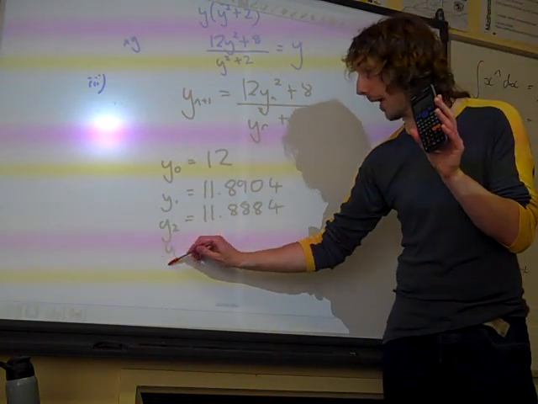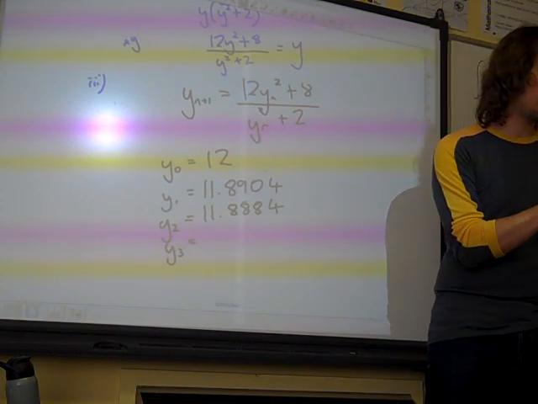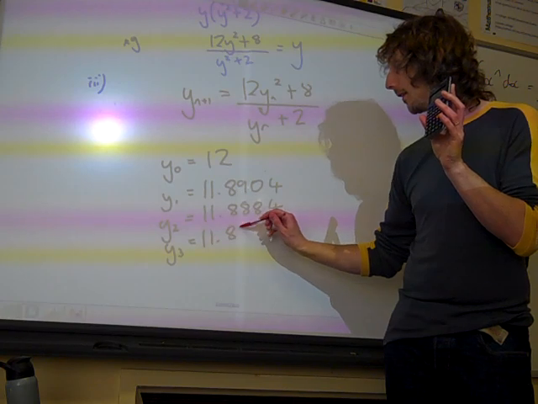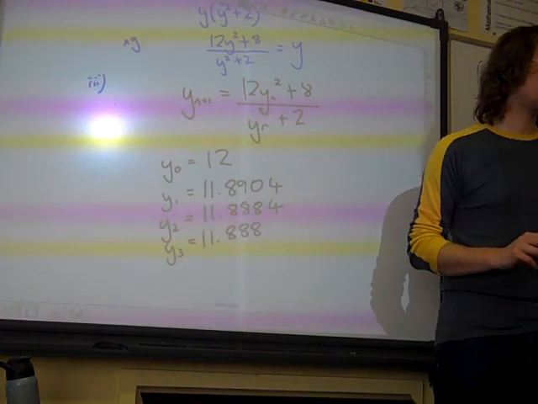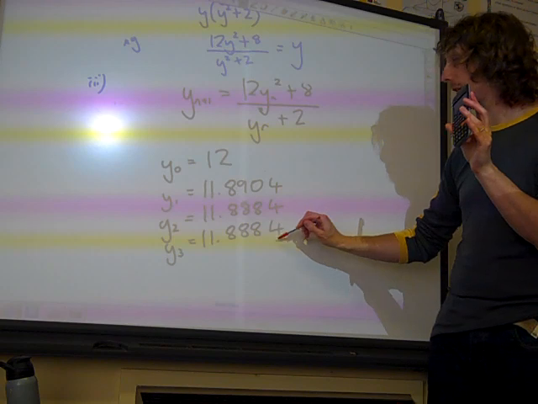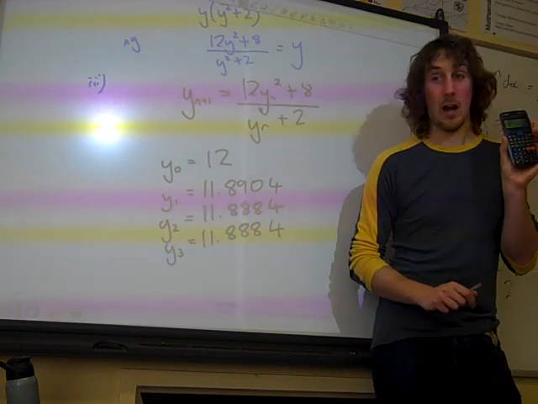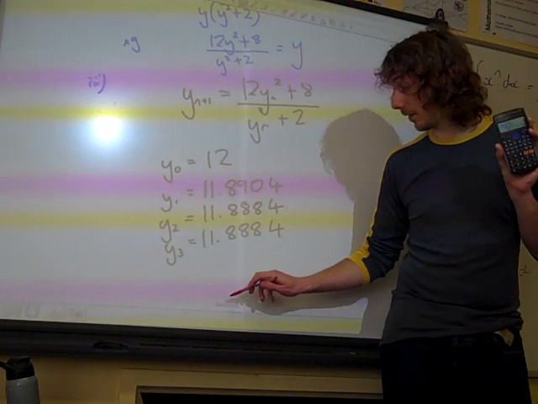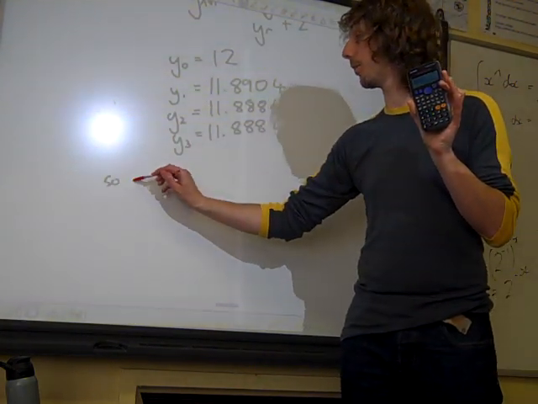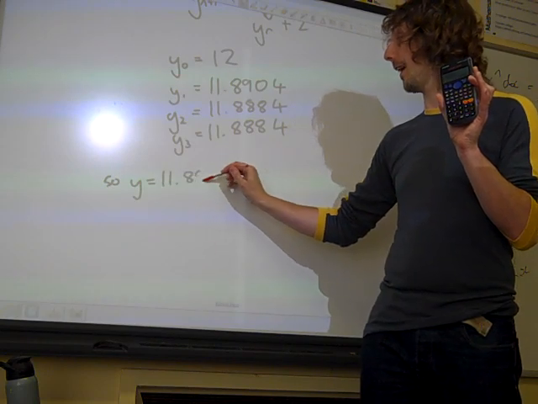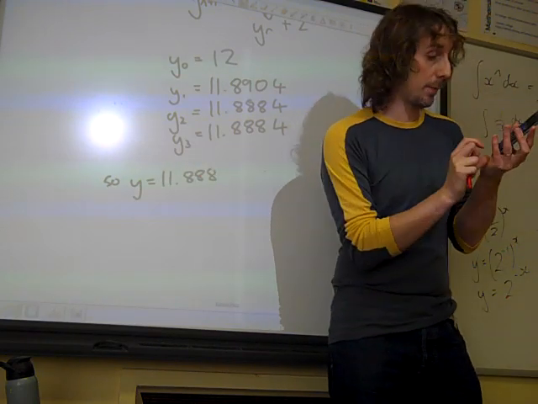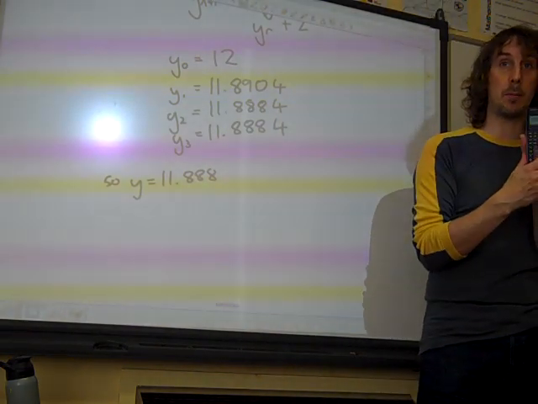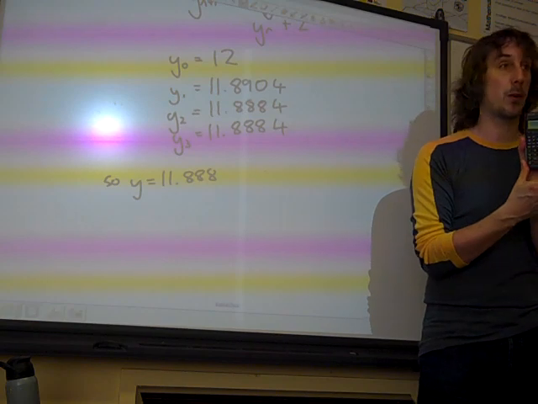So we've certainly not settled down yet with this. y3, 11.888, and it's actually 88837, so that also rounds to 8884. At which point we're pretty sure that our answer to 3 decimal places is going to be 11.888. If you want to feel doubly sure, you can always press equals again, and again we've got exactly the same thing on the screen as we had before, so it's converged very, very quickly.